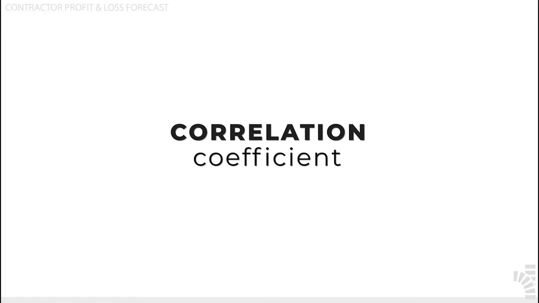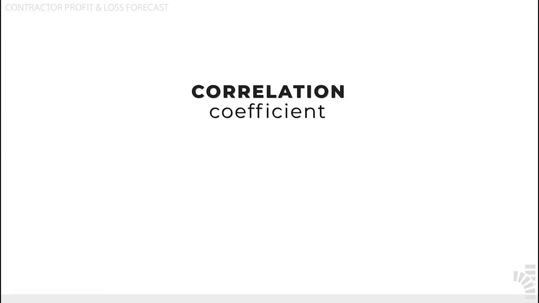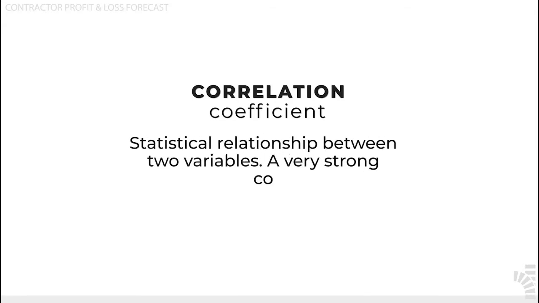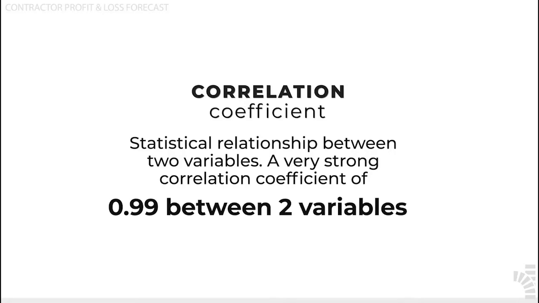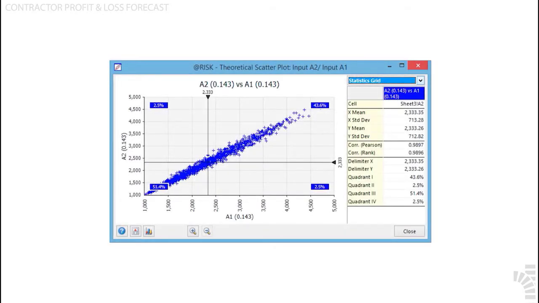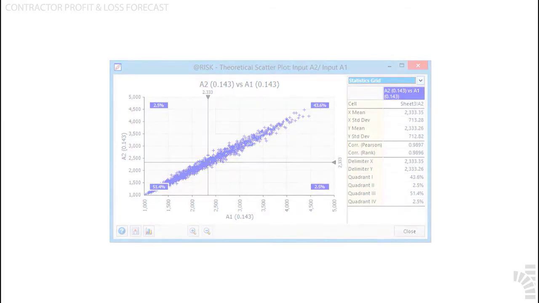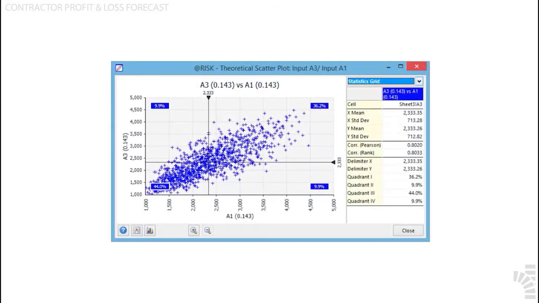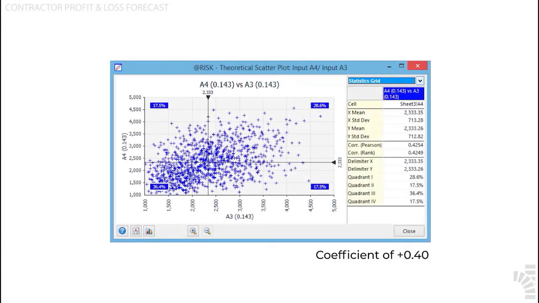A correlation coefficient is a numerical measure of some type of correlation, meaning a statistical relationship between two variables. A very strong correlation coefficient of 0.99 between two variables would look like this. A mildly strong correlation coefficient of 0.80 would look like this. A mild correlation of 0.4 between two variables might look like this.